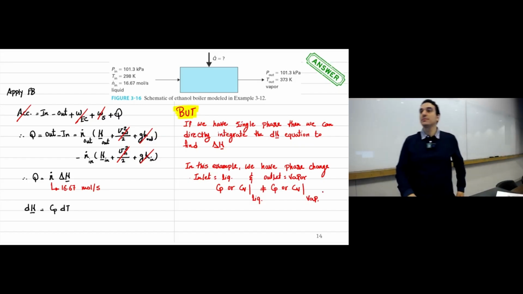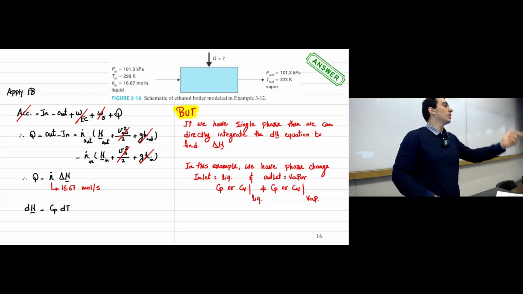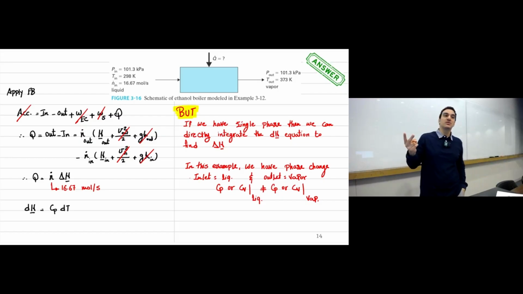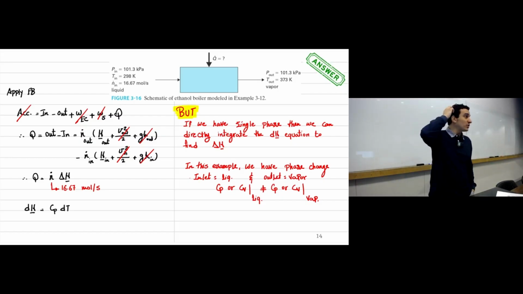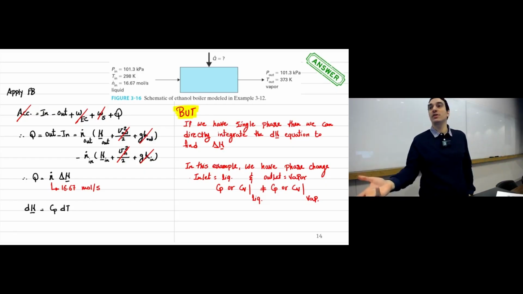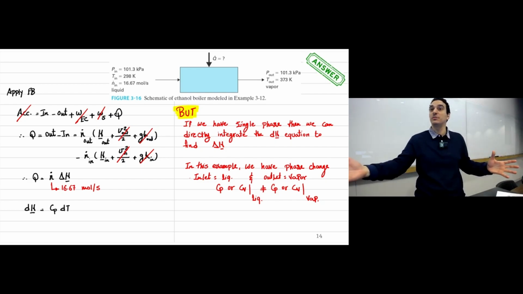And this is the key here. Since with one phase you have one Cp or one Cv, you can integrate. But here we have two phases. So if you integrate this equation, which Cp will you use? Cp for ethanol liquid or Cp for ethanol vapor? They are different.